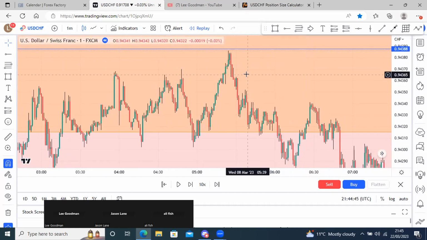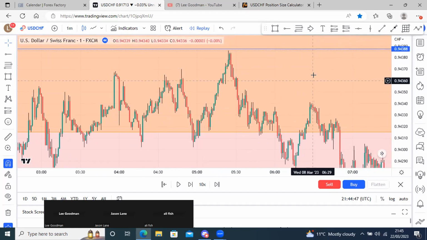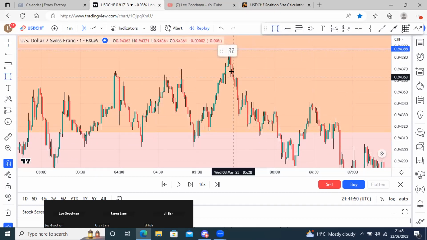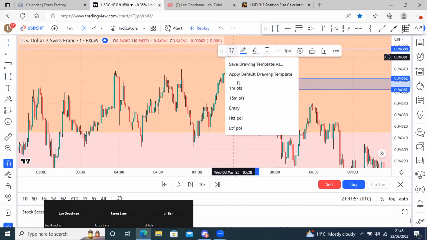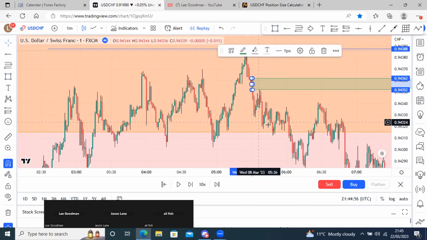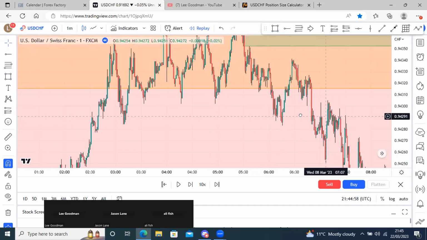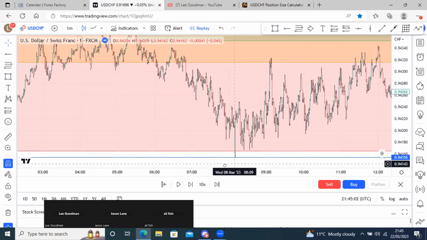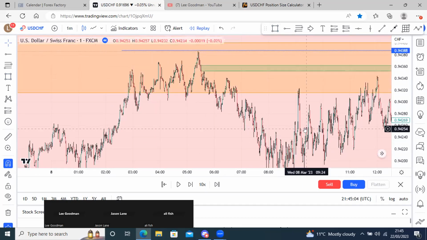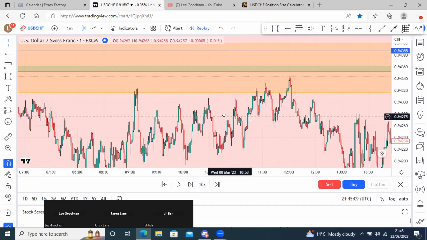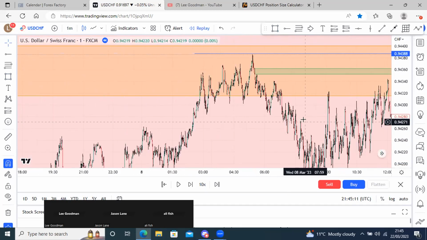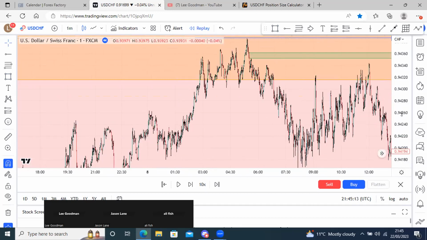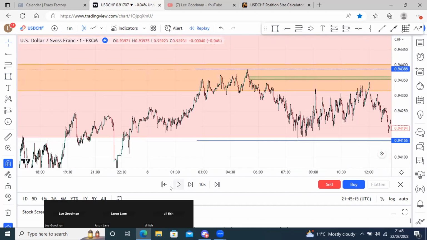So yeah, I ignored this, but here I have this one marked up here. Box entry zone. Obviously, again, it gets confirmed once it breaks the structure, 1 minute structure.